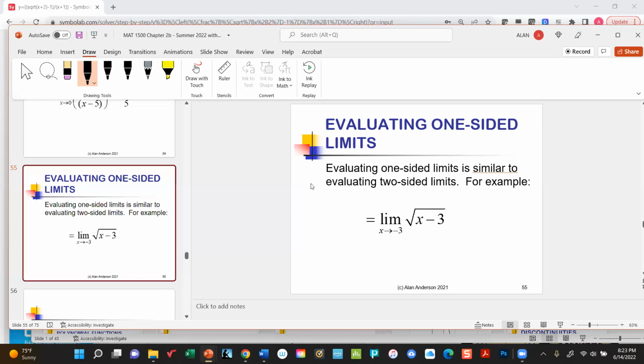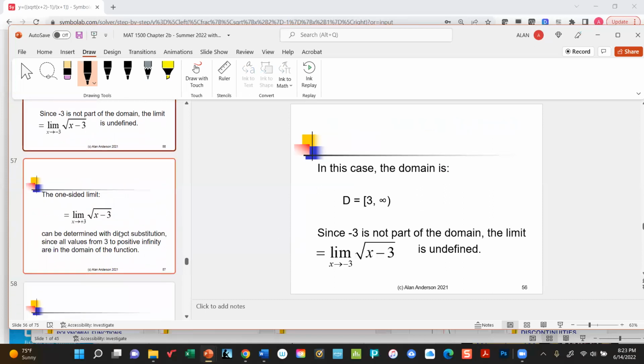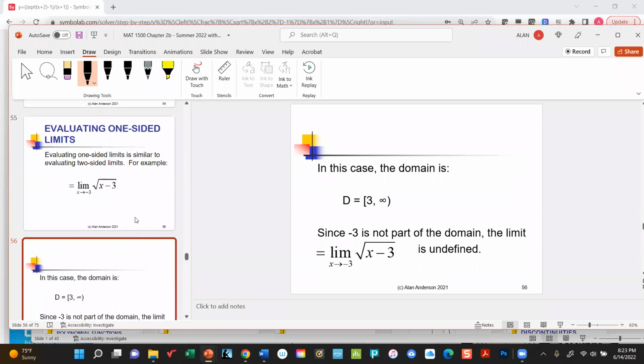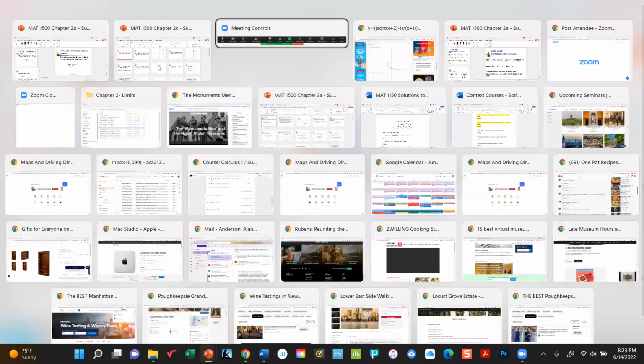Okay. All right, so sometimes we may want to just simply evaluate a limit from one direction. Now, here's a good example. Let me see if I can get the graph. So you can see why you'd be tempted to do this. Radical x minus 3.